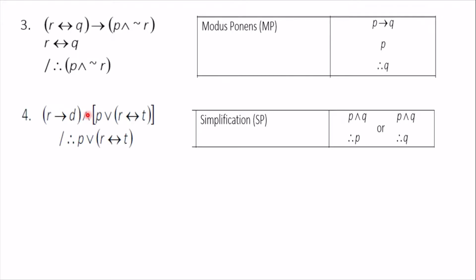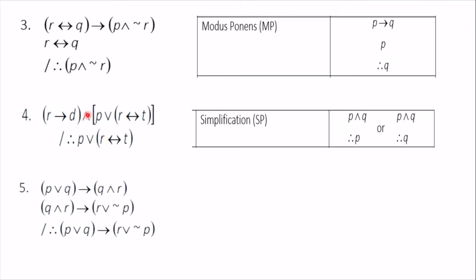Number 5, lastly, we have two conditional statements: the first premise is a conditional, the second premise is also a conditional. Now take a look at the two premises. The consequence of the first premise is also the antecedent of the second premise.